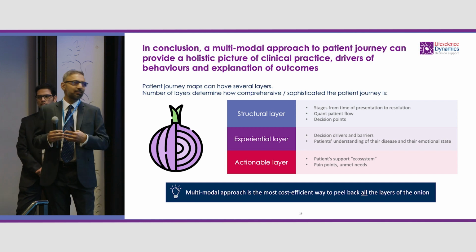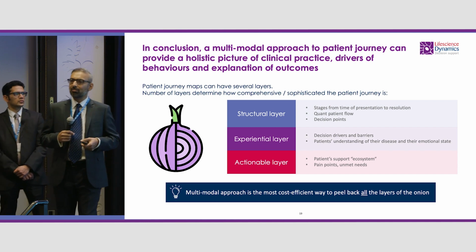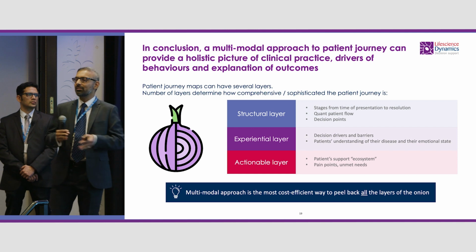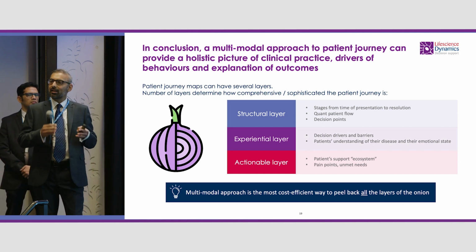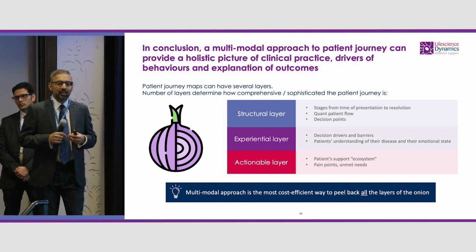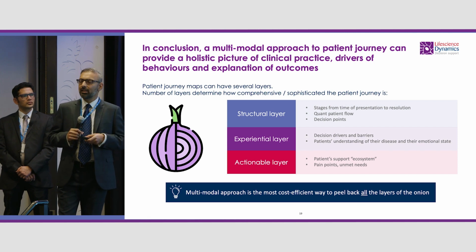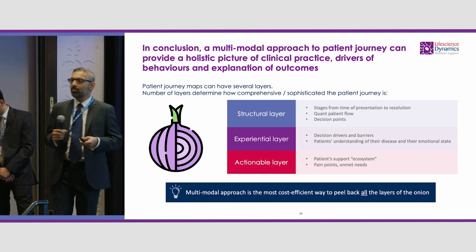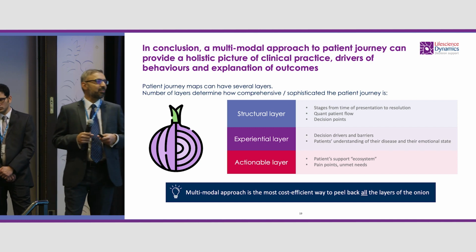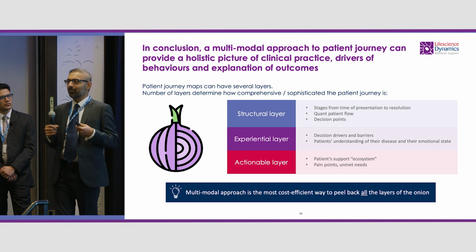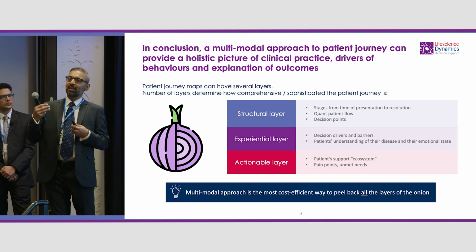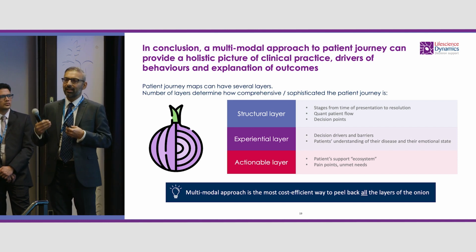That's the decision you may want to take much earlier, and therefore try and get into either just the structural layer, which could be when does a patient present, to whom does a patient present, how does the patient flow move, maybe some things about decision points and drivers, or include things like the experiential layer, where you're looking at pain points, preferences, patients' understanding of their disease, the information that the patient has.